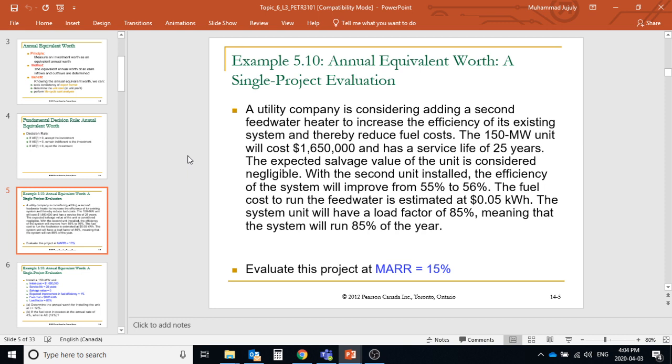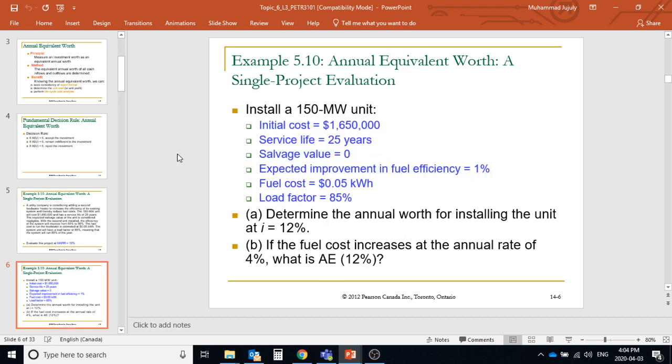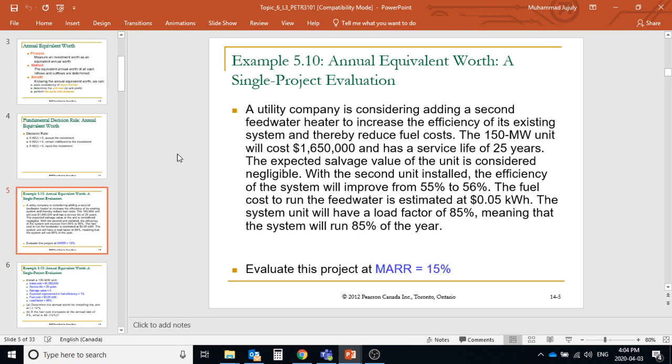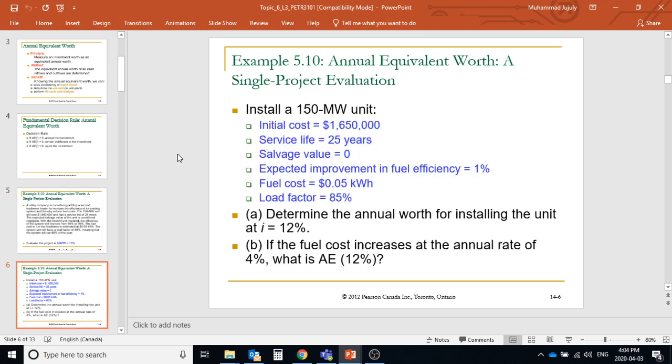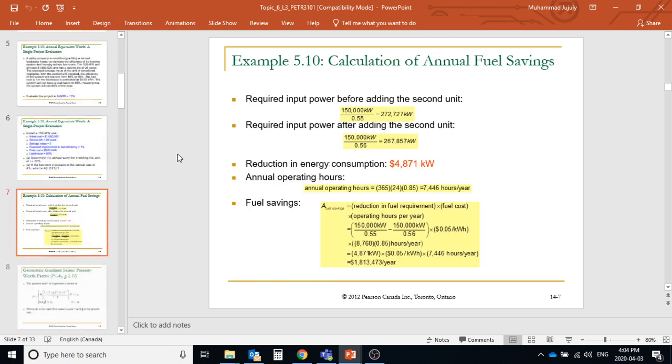Okay, so there is another example, very similar to the previous one, and we have the annual equivalent worth for a single project evaluation. If you can solve those other two, you can solve this one. It's a very easy and straightforward example, and everything is already given. So go through this problem and solve it.